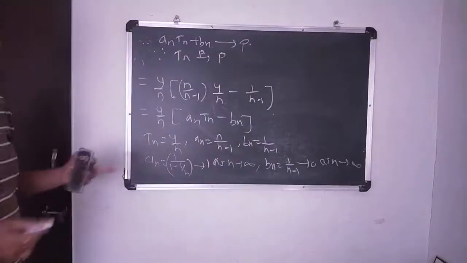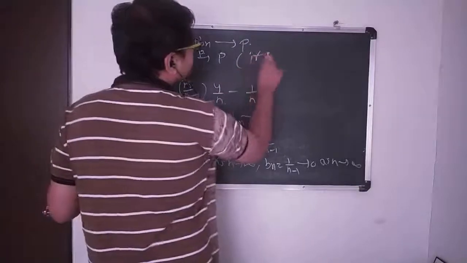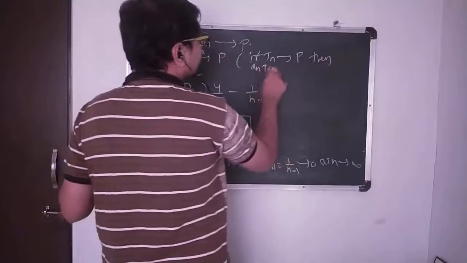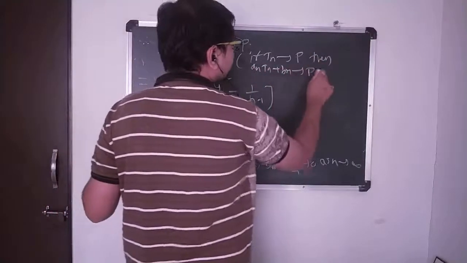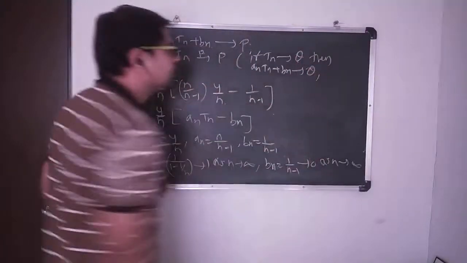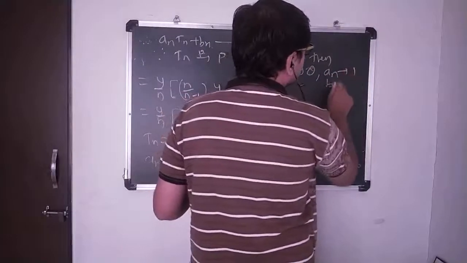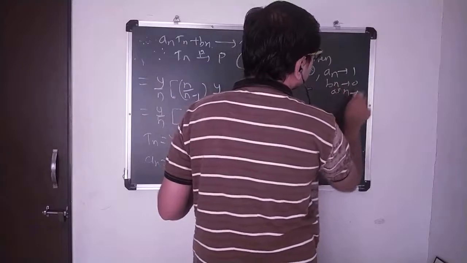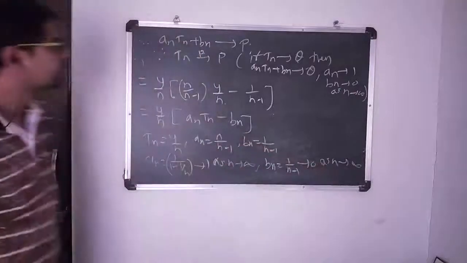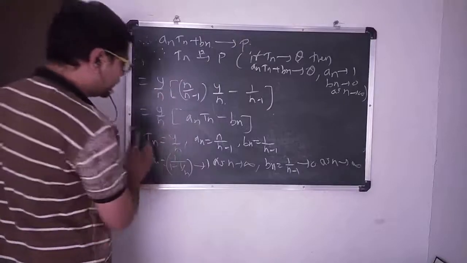This is because of a theorem: if Tn is a consistent estimator of theta, then An Tn plus Bn is a consistent estimator of theta, provided An tends to 1 and Bn tends to 0 as n tends to infinity. Here these conditions are satisfied, so this is a consistent estimator of p.